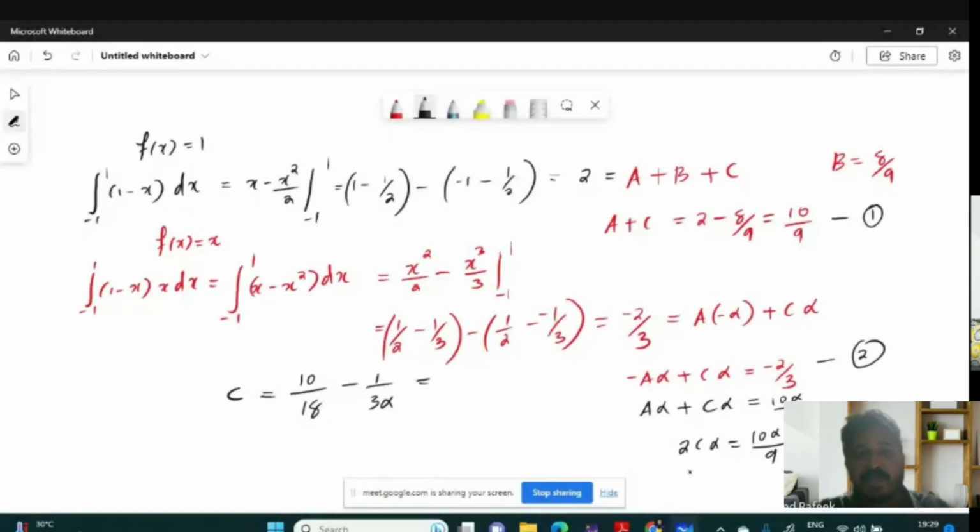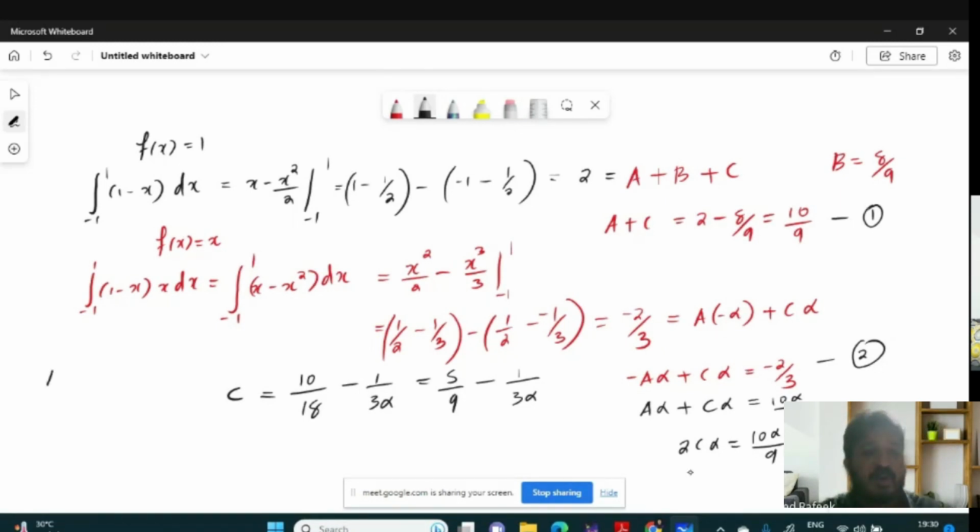5 by 9 minus 1 by 3 alpha. I think the value of alpha is also given in all the options.